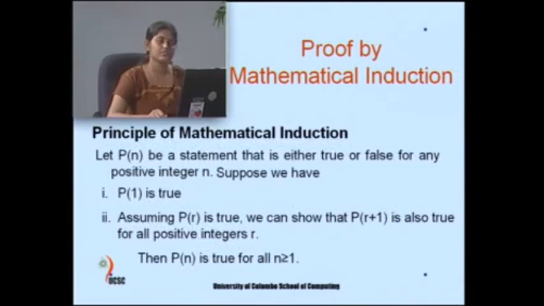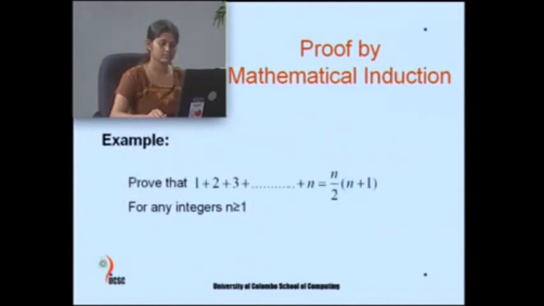From those things we can come to the conclusion p(n) is true for all n greater than or equal to 1. See this example, here we have to prove that 1 plus 2 plus up to n, that is the summation of n, is equal to n upon 2 into (n plus 1) for any integer n greater than or equal to 1.